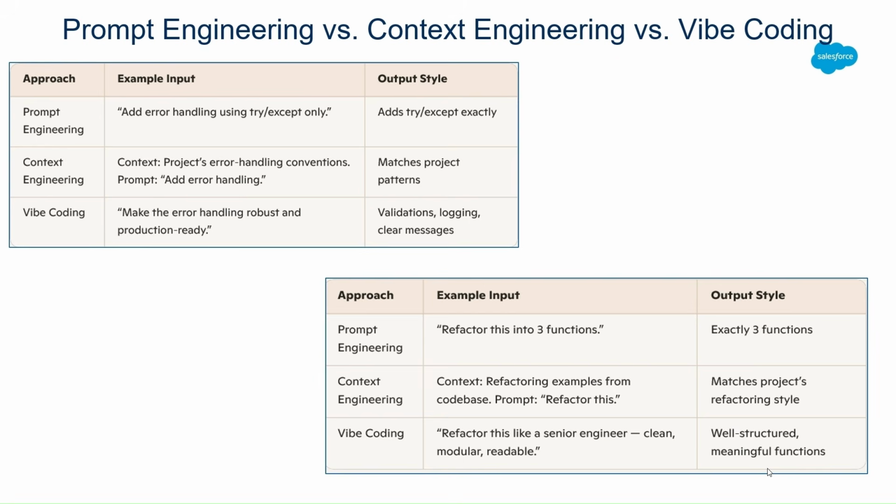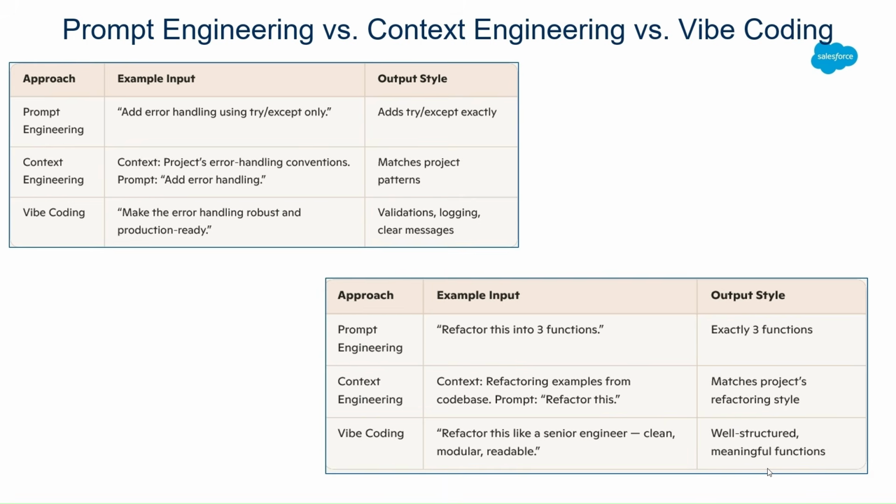Okay, so here in the first example, in prompt engineering, I just provide an input saying, add error handling using try or except block only. In the output, I will get only the try and except block added. In context engineering, I'll provide a context of how this error handling was done earlier in one of the projects, and I will give a prompt saying, add error handling to this new project.